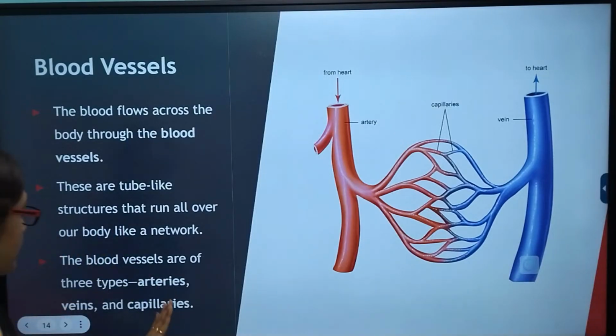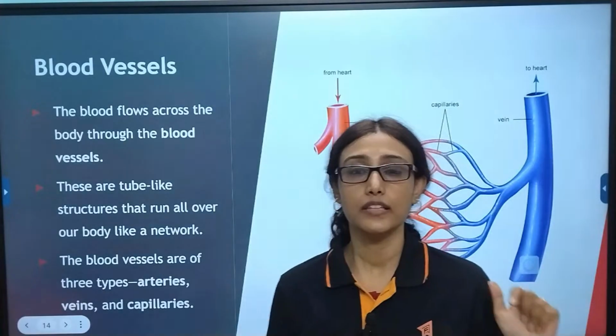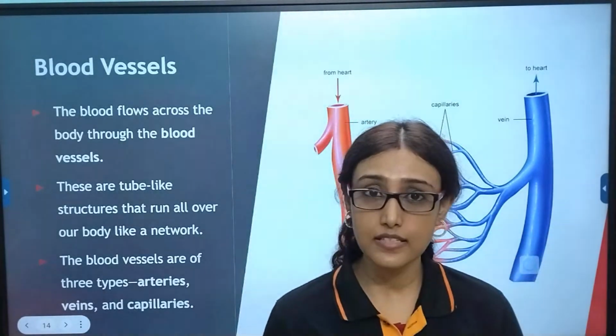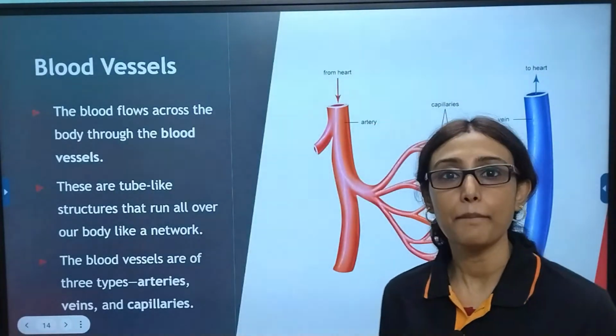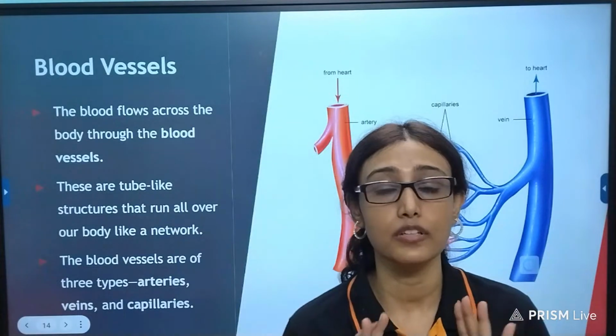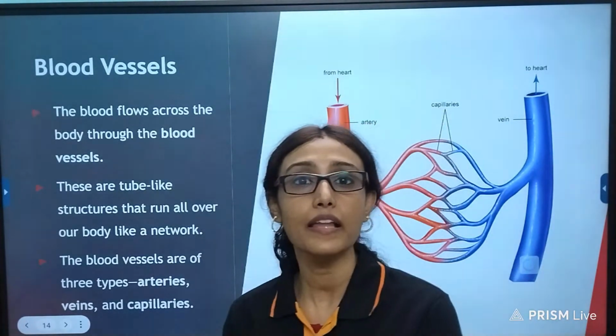The blood vessels are of three types, as we learned in our previous class: arteries, veins, and capillaries. Now let us see how these three blood vessels are different from one another.